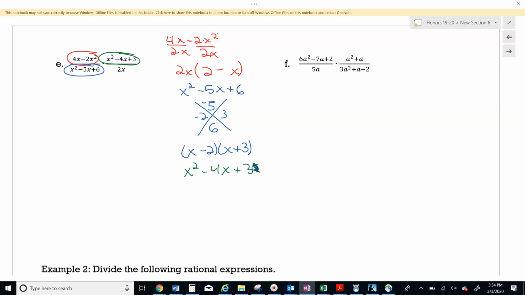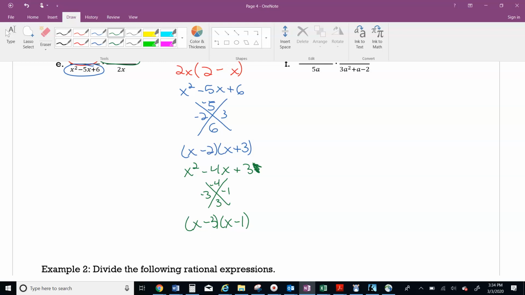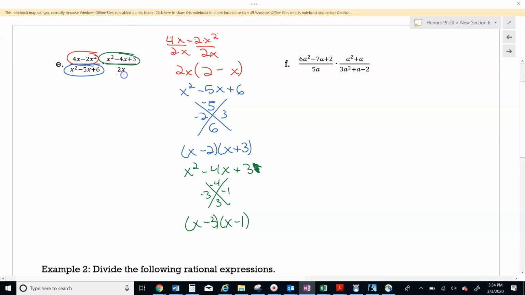I don't need a parentheses, sorry, ignore that. So we're adding to -4, multiplying to 3. And we get -3 and -1. So we have x minus 3, x minus 1. Okay. And then this is just one factor. It doesn't really do anything, right?